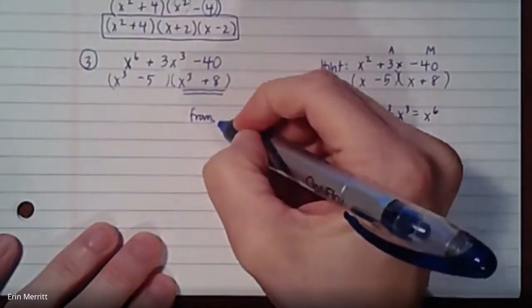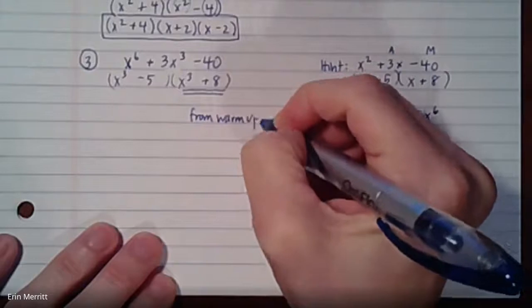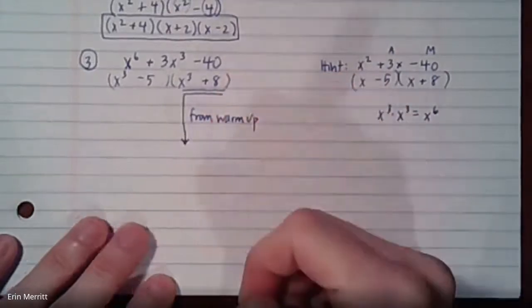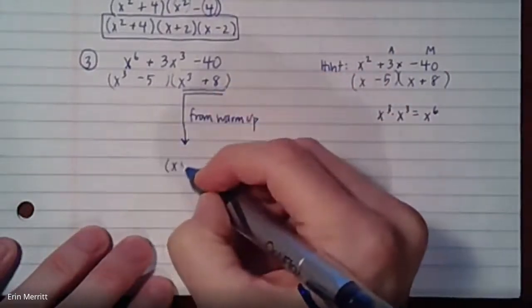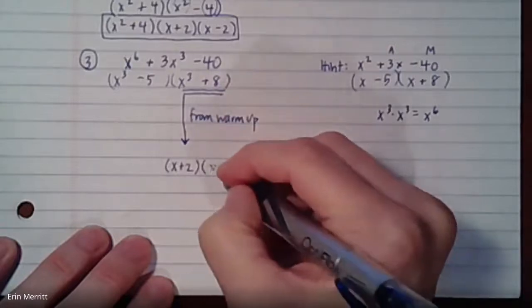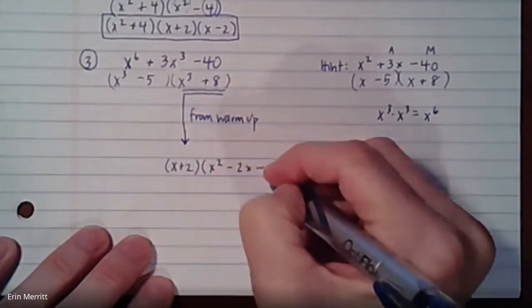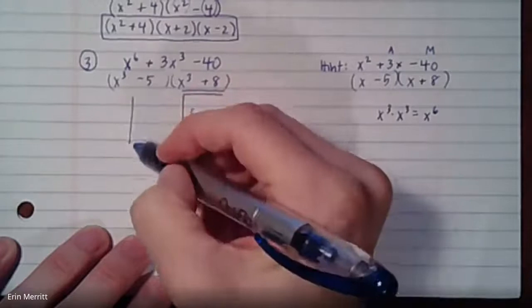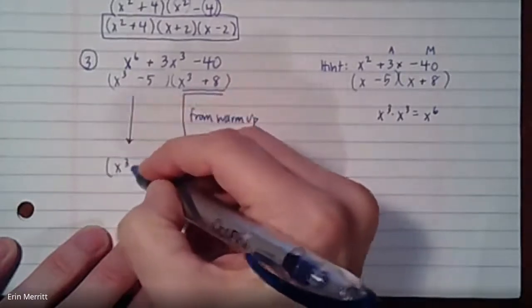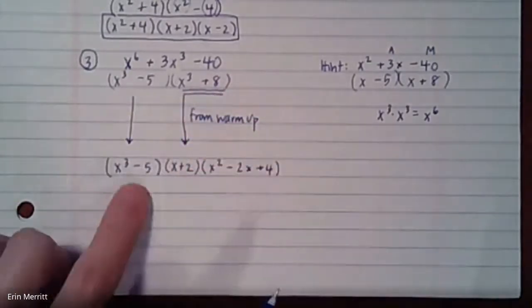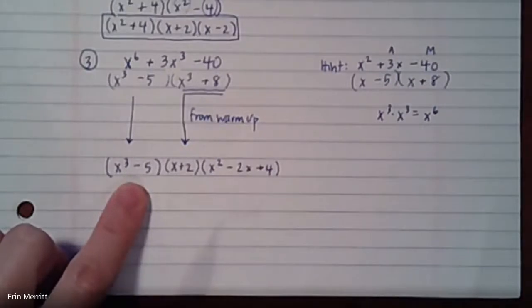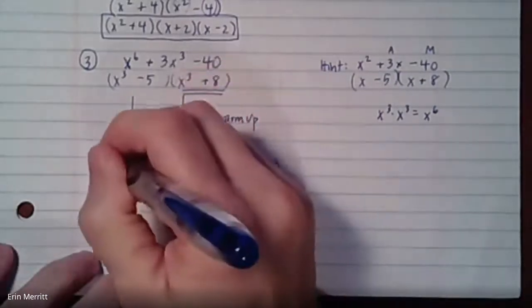So from the warm-up, we recognize that this is going to factor down into x plus 2, and then x squared minus 2x plus 4. And then we would bring this piece of it down, the x cubed minus 5. This piece of it actually cannot factor any further. So that's as far as that part's going to go.